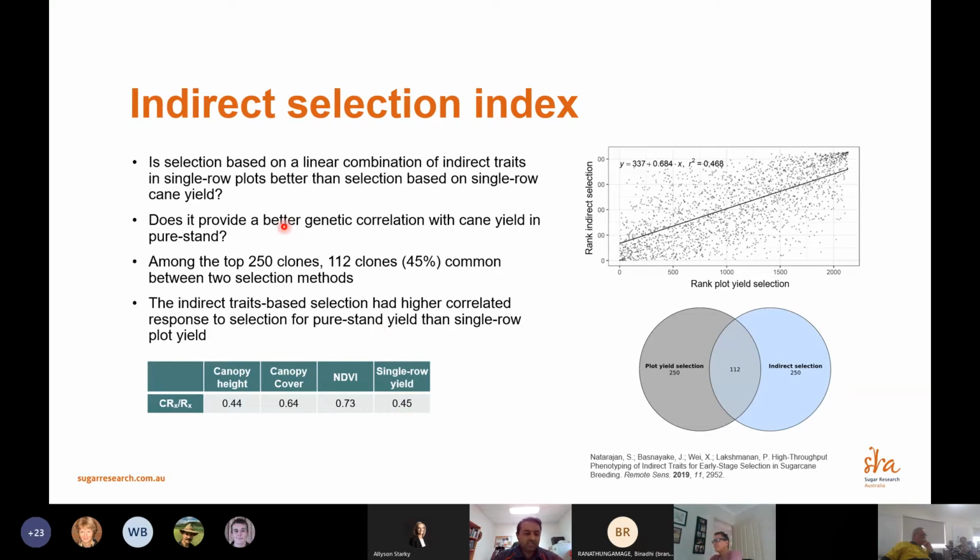So theoretically, yes, indirect selection provides a better approach, but we are in the process of validating this experimentally and also developing separate selection indices for rain-fed and irrigated conditions, and incorporating some additional indirect traits such as canopy temperature into the equation.